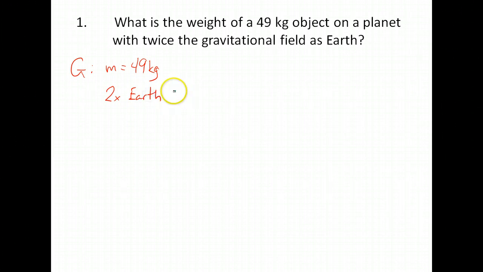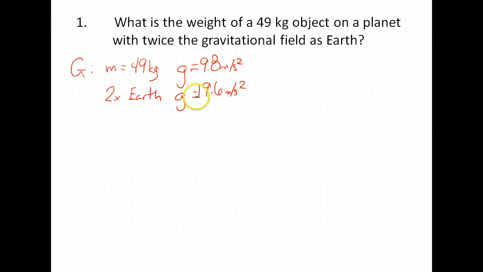Well, when we look at our acceleration on Earth, it is equal to 9.8 meters per second squared. So there's our acceleration due to gravity. Now, if it's 2 times that, we would then expect it to be 19.6 meters per second squared.